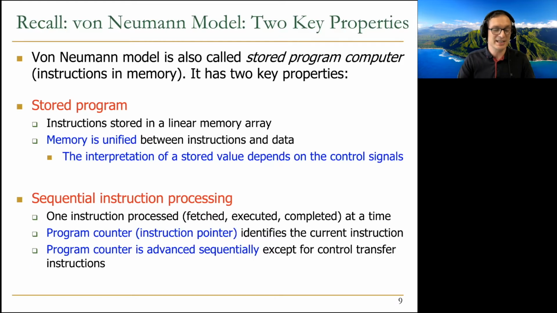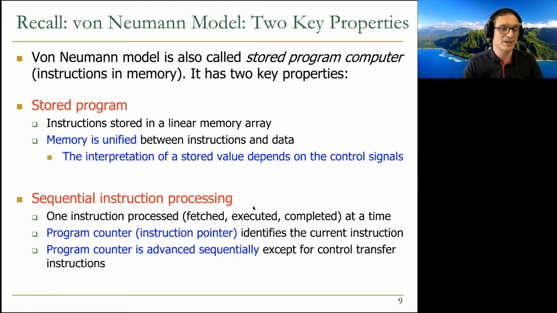Remember that we need an execution model to process instructions in order to build a computer. Von Neumann was one of the first to propose one of those execution models, and it's a very fundamental execution model that he and his co-authors proposed that has been extremely successful. As I said, all major instruction set architectures today are based on the von Neumann model.